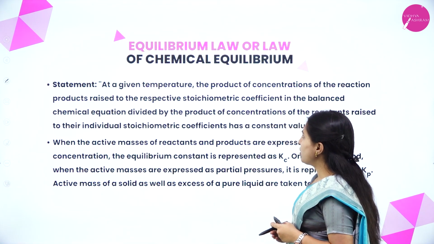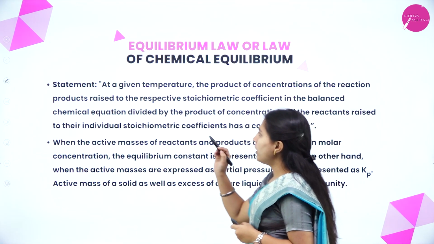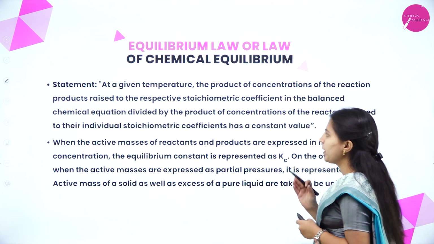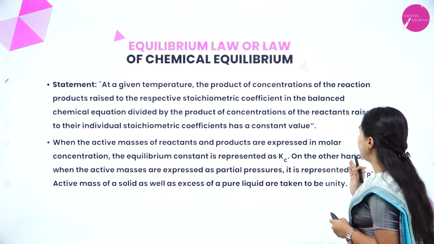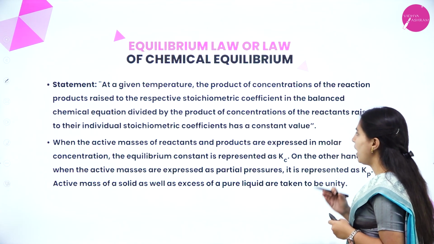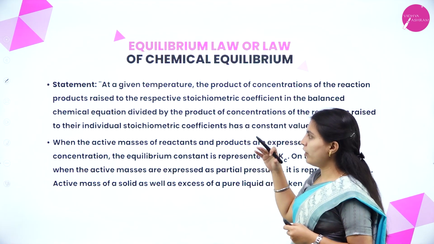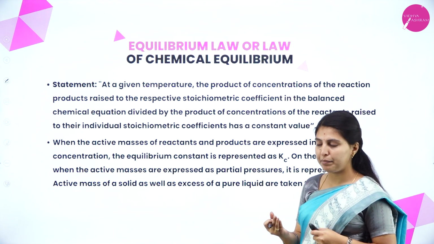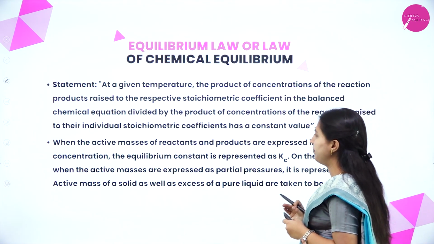At a given temperature, the product of concentrations of the reaction products raised to the respective stoichiometric coefficients in the balanced chemical equation, divided by the product of concentrations of the reactants raised to their individual stoichiometric coefficients, has a constant value. Okay, after analyzing the points and examples explained before, this is the statement.